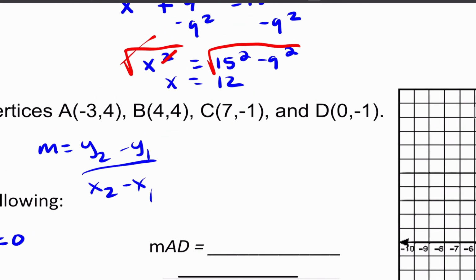We call this x sub 1, y sub 1, x sub 2, y sub 2. I did x sub 1, y sub 1 for C, but it does not really matter. You can put x sub 1, y sub 1 for D, as long as you're consistent.